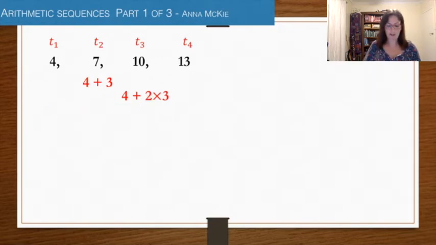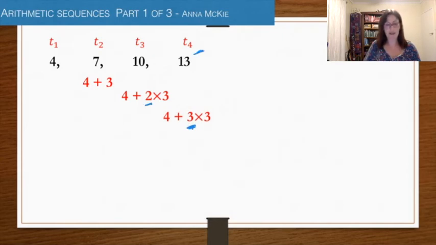So thinking that in this case it was a 2 and this was the third term. Think about the connection there. Next, to get to 13 we have 4 plus how many lots of 3? 3 lots. And so it's 3 lots in comparison to this being the fourth term.